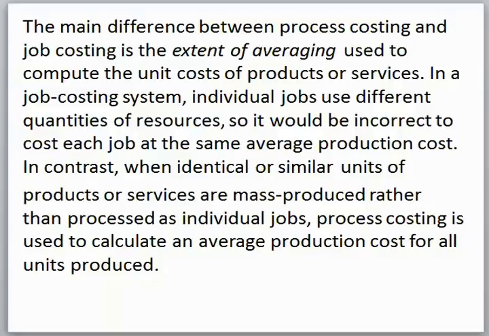In contrast, when identical or similar units of products or services are mass-produced rather than processed as individual jobs, process costing is used to calculate an average production cost for all units produced.